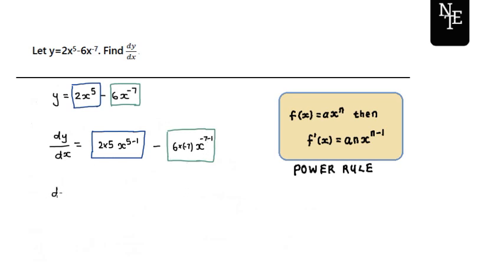So then simplifying, we have that dy by dx equals 2 times 5 is 10, times x to an exponent of 4 now, and then we have minus 6 times negative 7, that's going to give us negative 42.